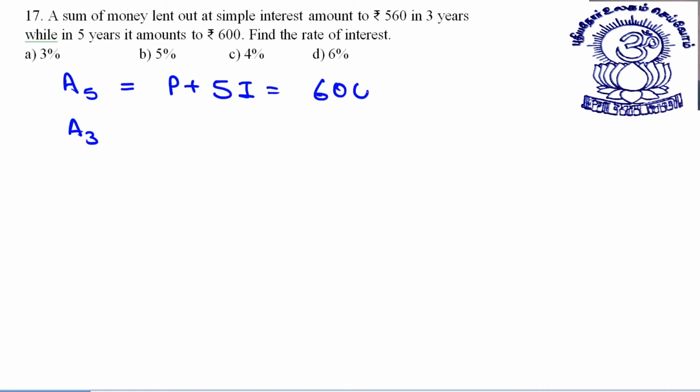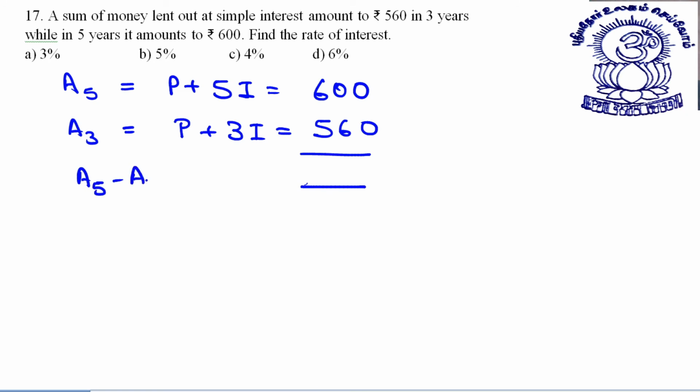This is given to us as 600. Amount after 3 years will be principal plus interest for 3 years. That is given to us as 560 rupees. So that way if I do A5 minus A3, I will get the interest for 2 years, that is equal to 40 rupees.